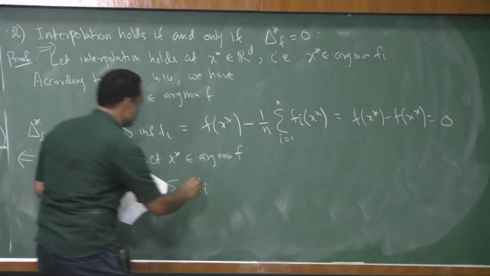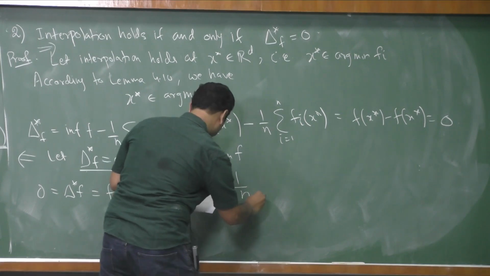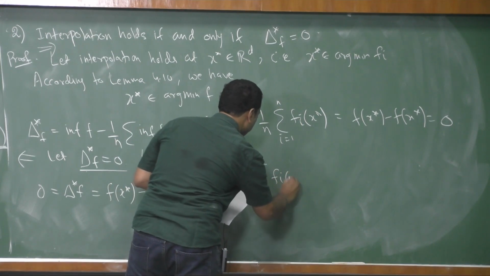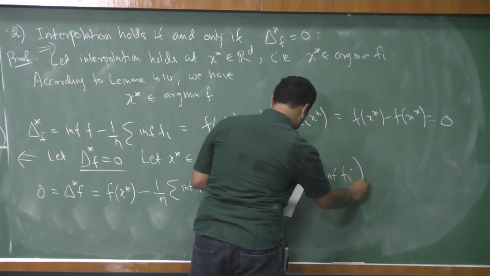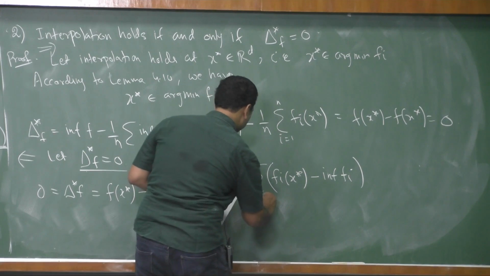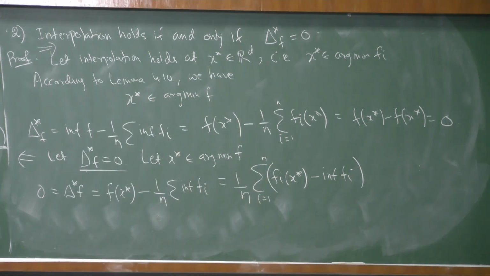So this is equal to 1 over n sum of fi x star minus infimum of fi, and this goes into sum i equal 1 to n. There is no problem there, because f x star is nothing but 1 by n sum of fi x star. So that's what we have done. We have replaced the f x star by 1 by n sum of fi x star, and what we are supposed to say is that x star interpolates, right?